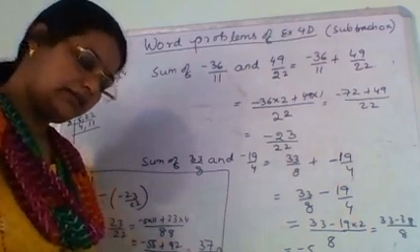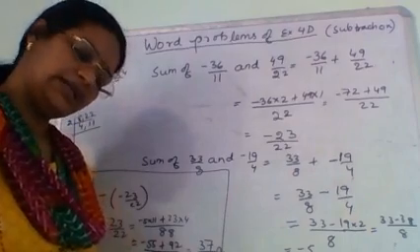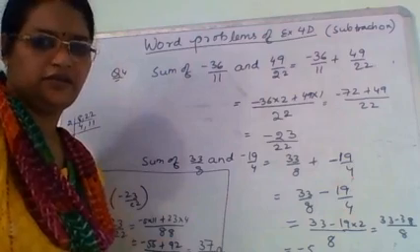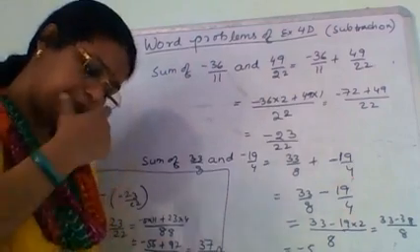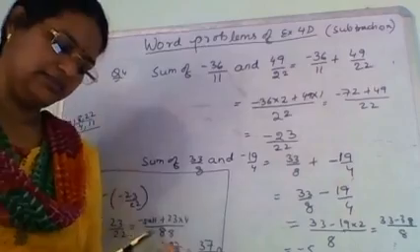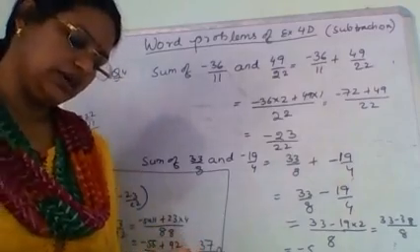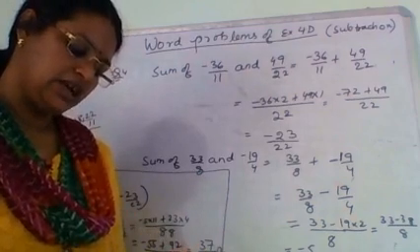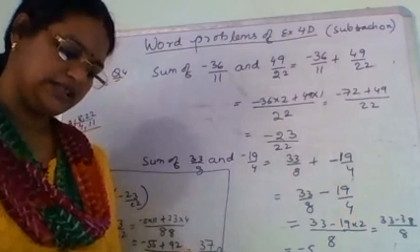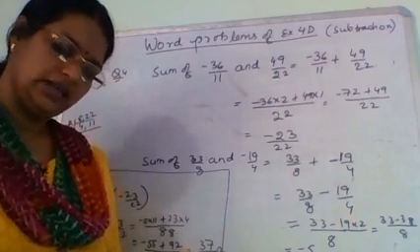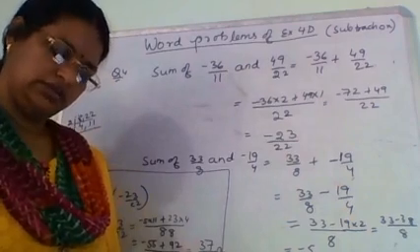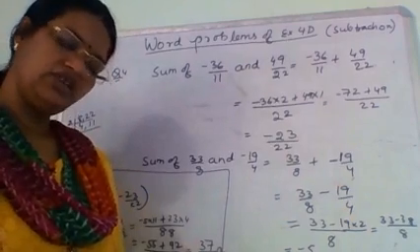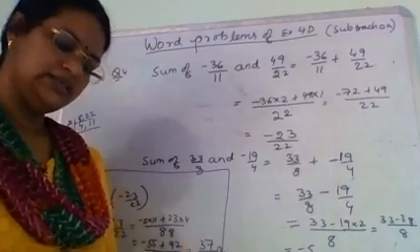So the other number is 4 by 21 minus 5 by 7. Right. So this can be done. The next question, the sum of two rational numbers is minus 3 by 8. If one of them is 3 by 16, find the other. Same question. The other number is minus 3 by 8 minus 3 by 16.